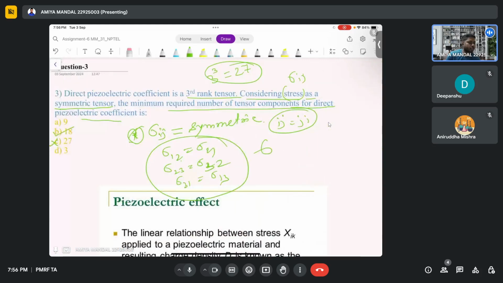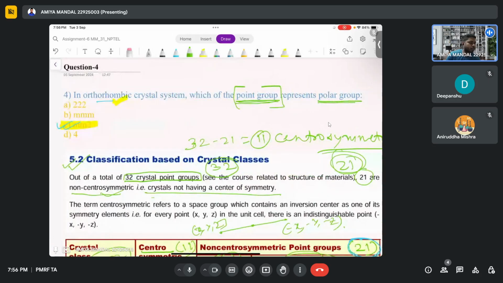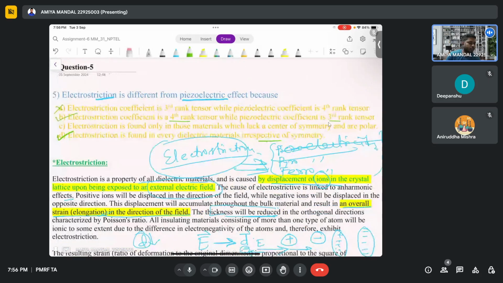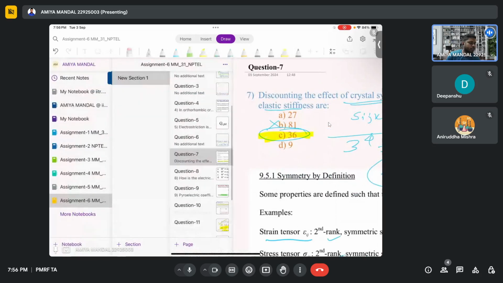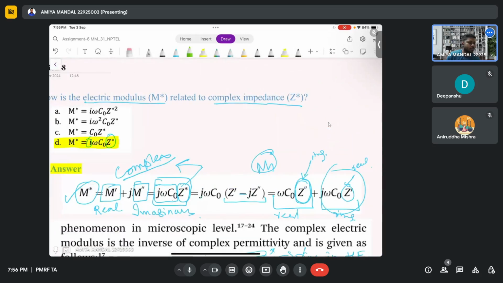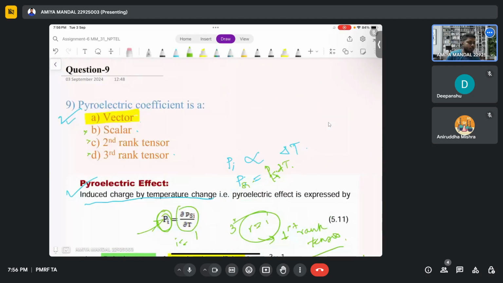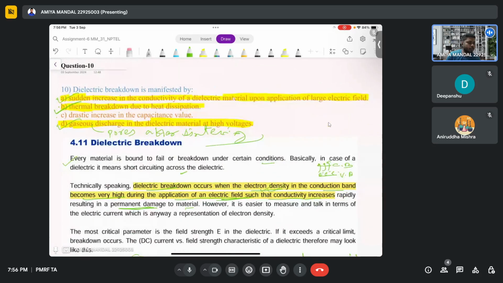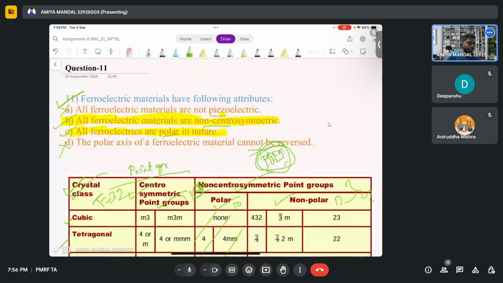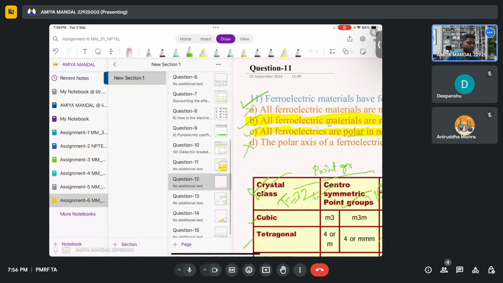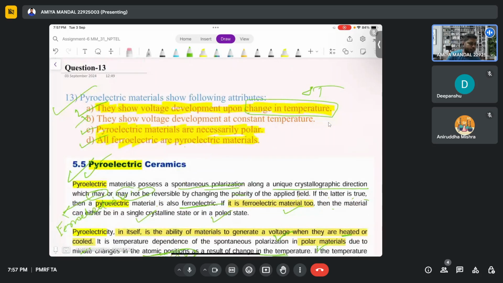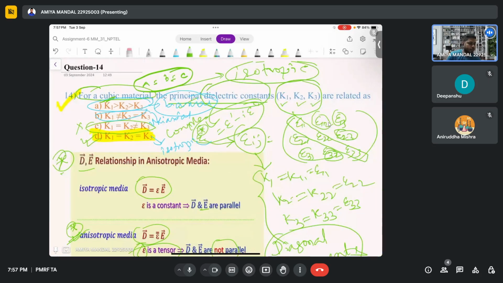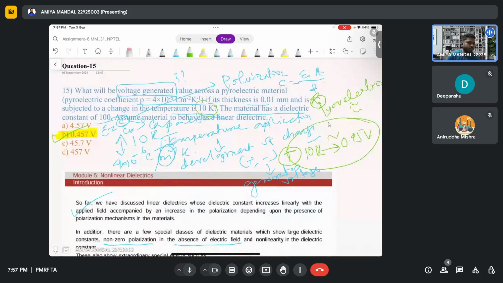So question number 2, 3 is solved, 4 is solved, 5 is also solved, 6 is also solved, 7, 8, question number 10 is okay, 11 is also okay, 12 is also okay, 13 is also okay, 14 is also done, 15 has also been done.